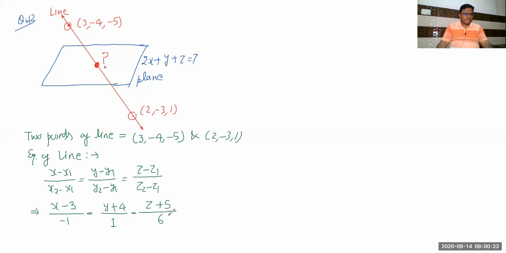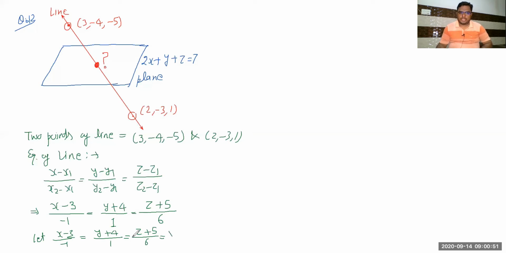So we have obtained the equation of the line passing through the 2 given points. Now let us consider that (x - 3)/(-1) = (y + 4)/1 = (z + 5)/6 is equal to some value, like you can take lambda, whatever you like.